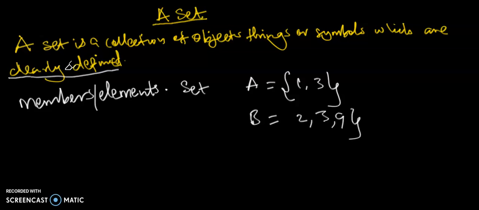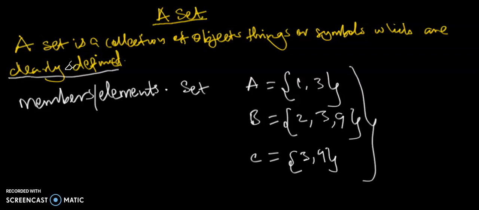All these are sets. We can even have set C equal to {3, 9}. These are what we call a collection of objects.